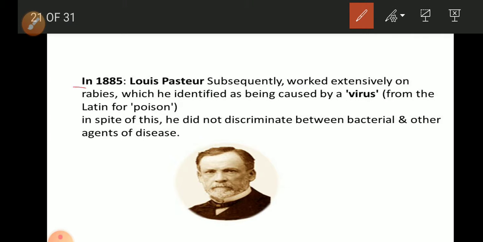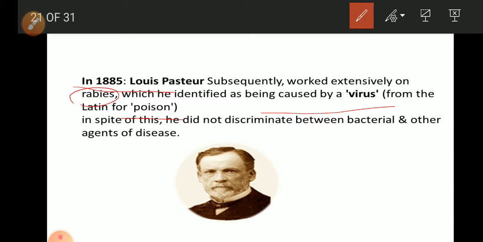In 1885, Louis Pasteur also worked extensively on rabies. He identified that rabies is caused by a virus, from the Latin word for poison, but at first he didn't give it that name. Louis Pasteur worked with Chamberland, and they discovered that the causative agent of rabies passed through a porcelain filter.